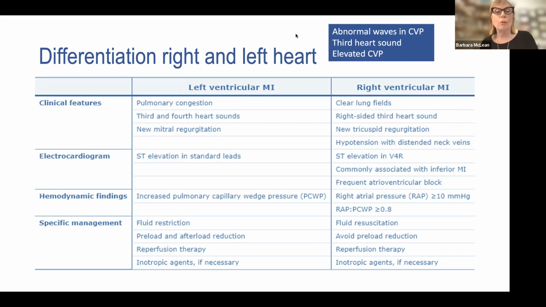And anything greater than 10 is going to indicate to me some loss of right-sided compliance. Now, when I talk about the right side, I'm talking about the pulmonary vessel, the pulmonic valve, the right ventricle, the tricuspid valve, and how that's all reflected in the right atria, or the central venous pressure.